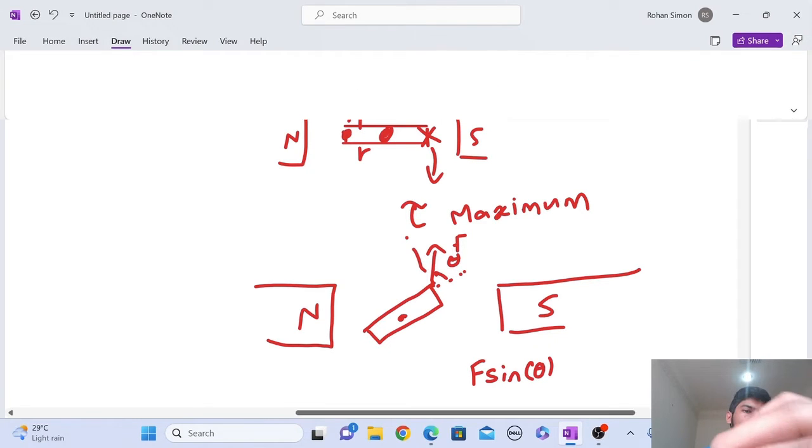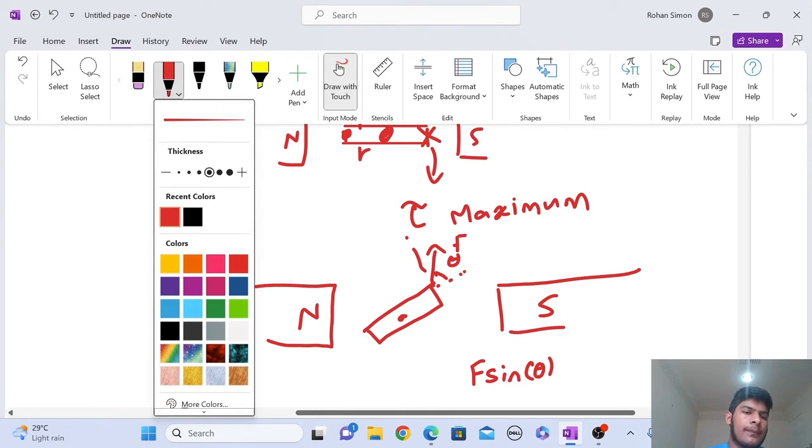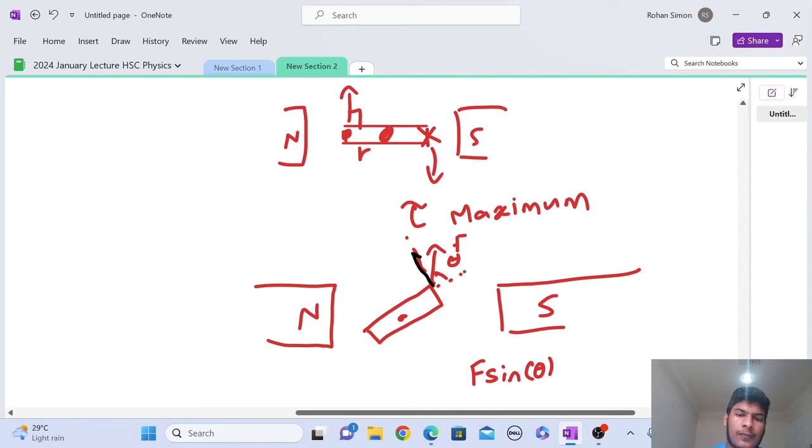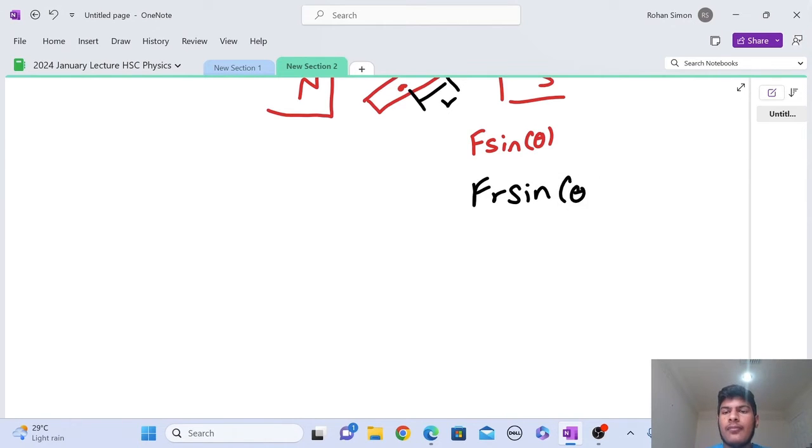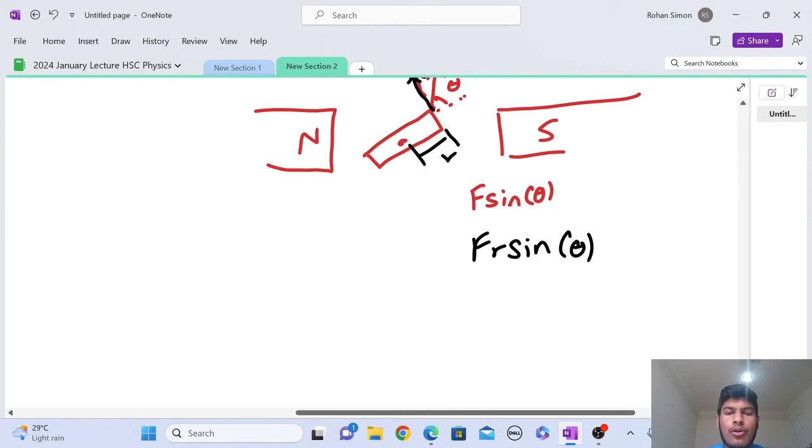If I draw that on here, it's this component here. Now we've got this distance here, r. So we have F times r sine of the angle theta. Similarly, the torque is dependent on the sine of the angle theta.